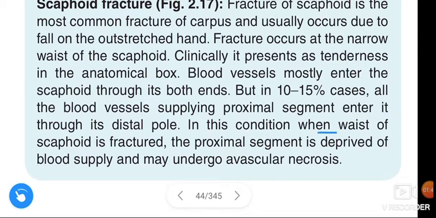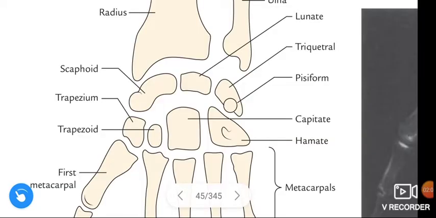In this condition, when the waist of the scaphoid is fractured, the proximal segment is deprived of blood supply and may undergo avascular necrosis.